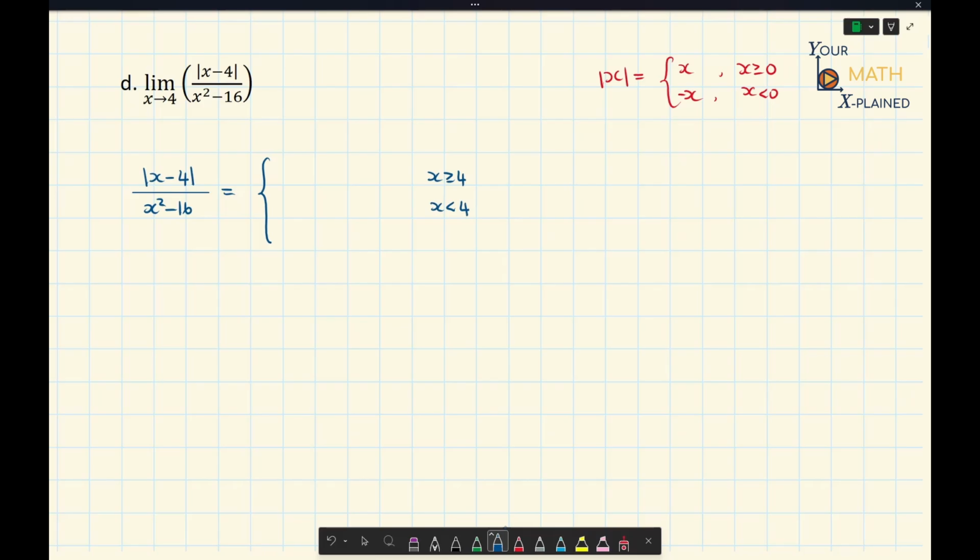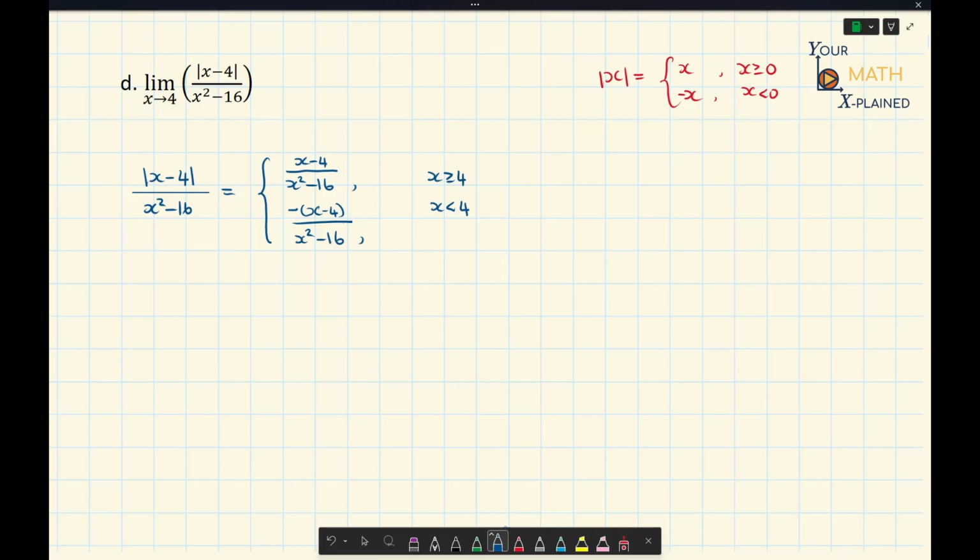When x is greater than or equal to 4, the absolute value sign does nothing, so this would just be x minus 4 over x squared minus 16. But when x is less than 4, the absolute value sign is going to flip the sign, so our numerator is going to be negative x minus 4 over x squared minus 16.